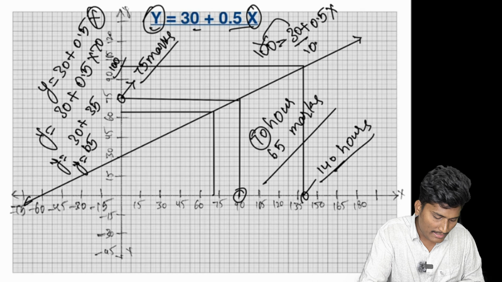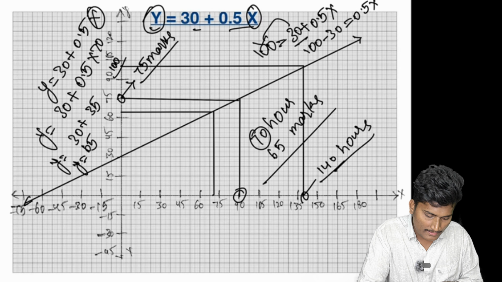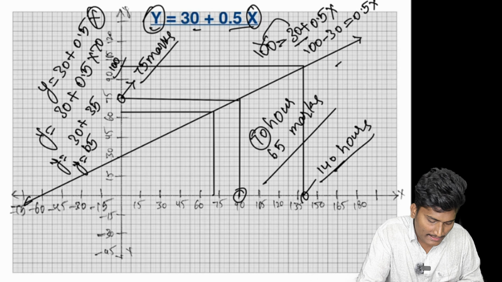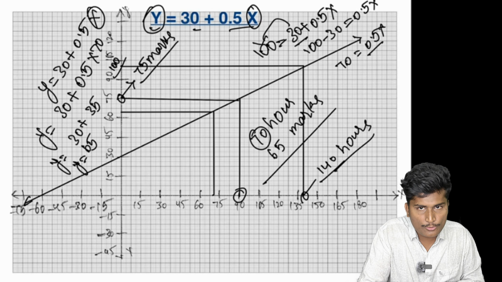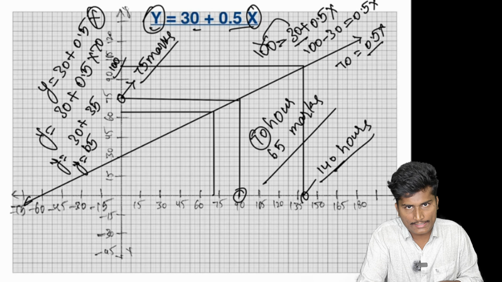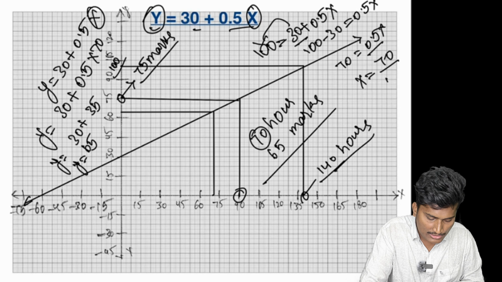Then 100 minus 30 is equal to 0.5x. Then 70 is equal to 0.5x, and if you send this 0.5 to the left hand side of the equation, then x will be 70 divided by 0.5, and x is equal to 140 hours.